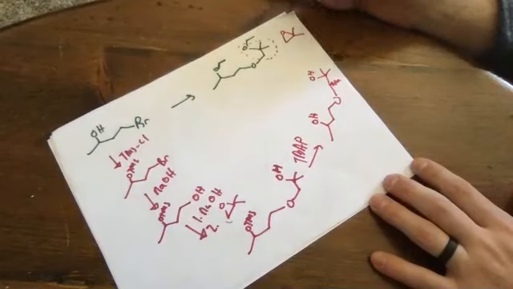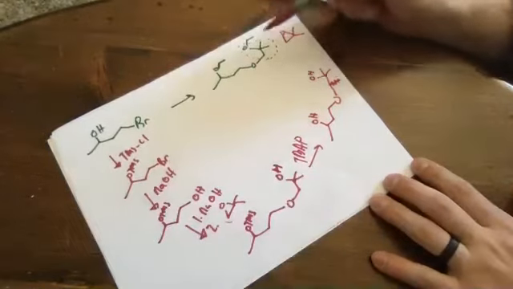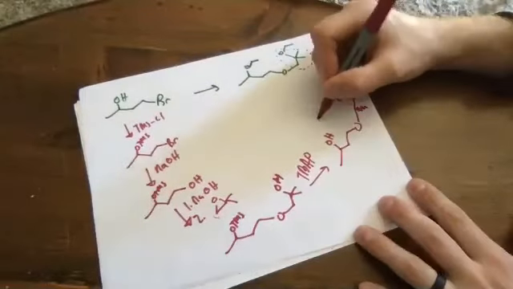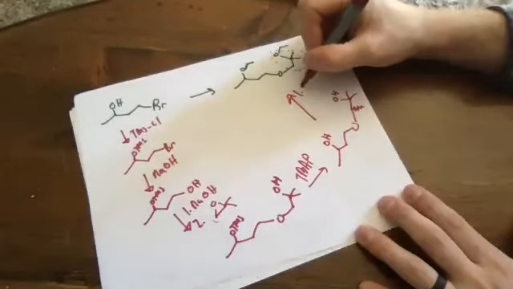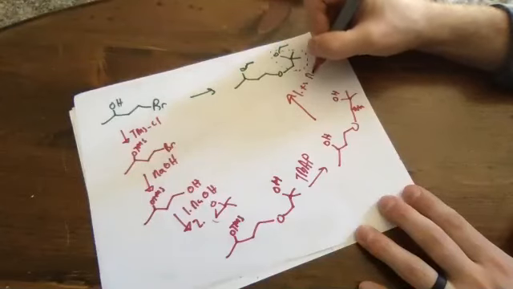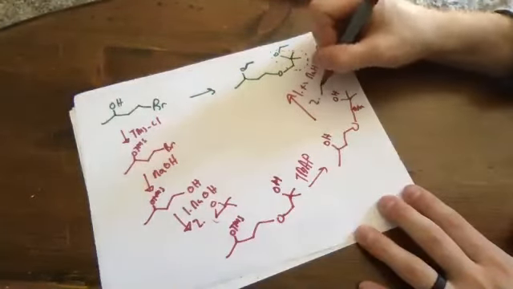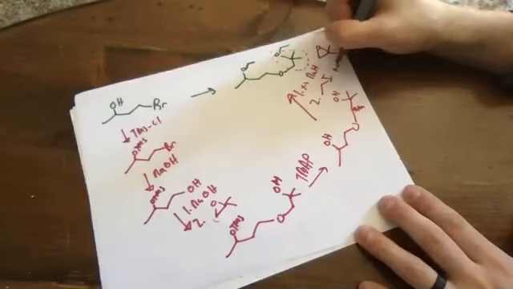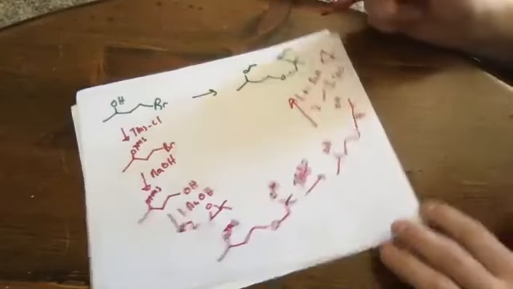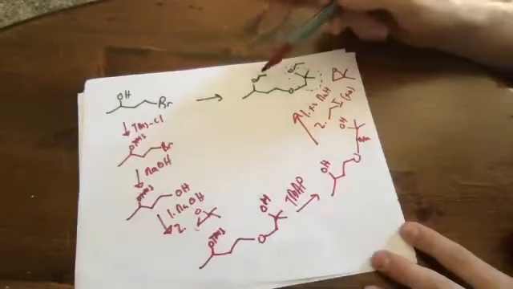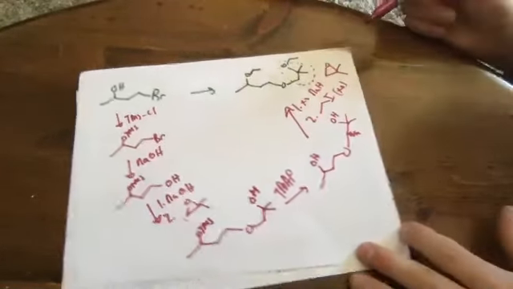From this point, if I want to add ethyls to both of these, I'm just doing our Williamson ether synthesis. So throwing in, we'll do it in excess because we're doing it twice, NaH to make these O minuses, and then excess ethyl iodide lets us do the SN2 to make ethers here.